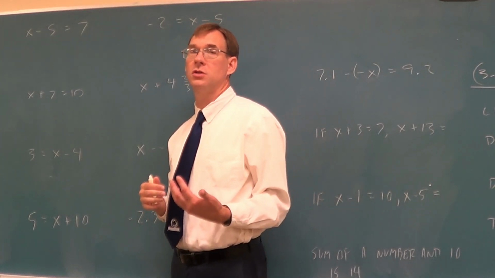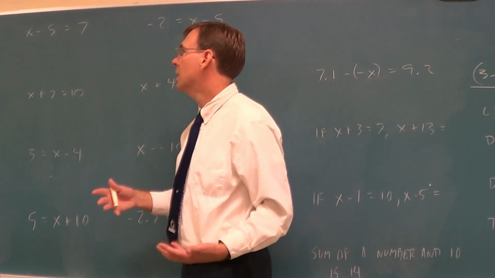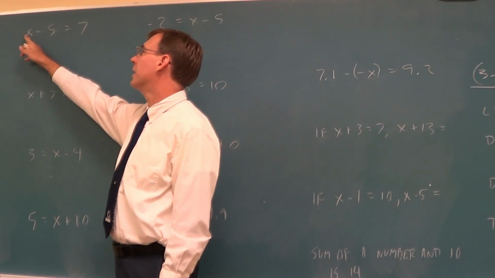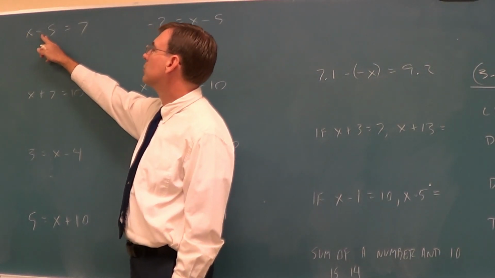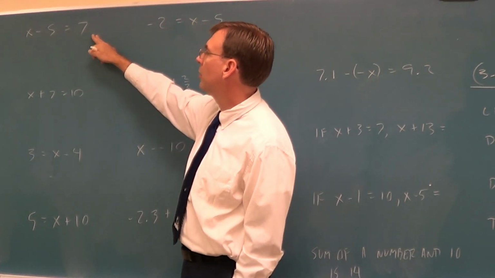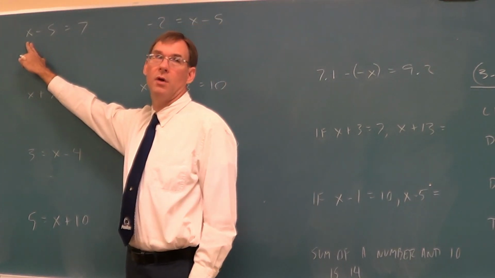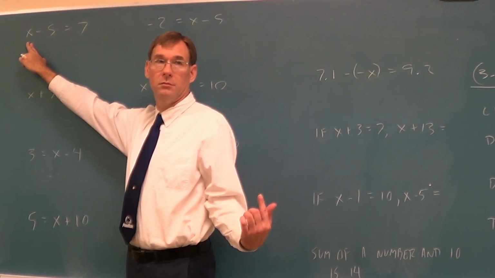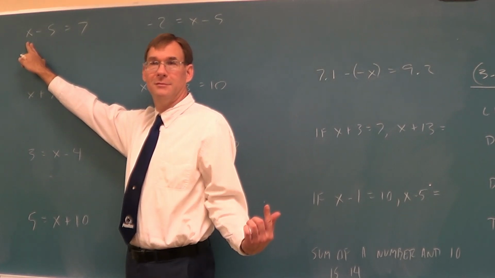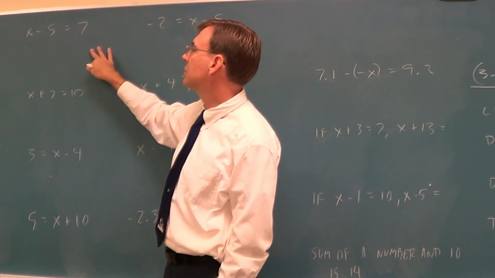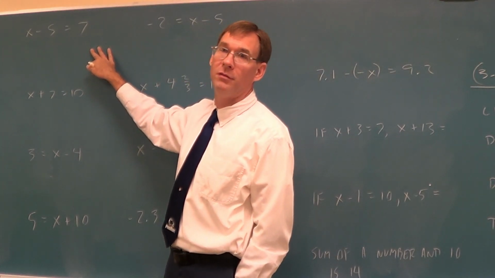You want to always just do the opposite. So if once upon a time I had a number and then it subtracted 5 and they lived happily ever after with 7, for you to figure out what that number was before I subtracted, you just have to add to work your way back in time. And the answer off of this is 12.